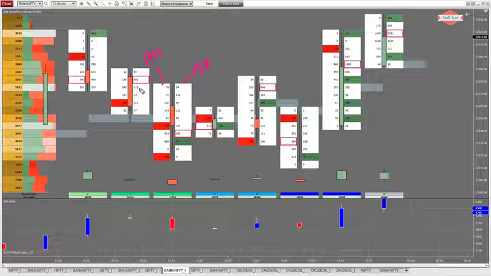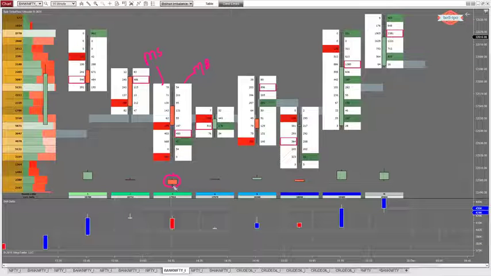How do we calculate vertical delta? Vertical delta is this. It can also be plotted in table format below the order flow chart. So you can do that also. But I prefer graphical representation, so I am just plotting this histogram or candle chart of delta.